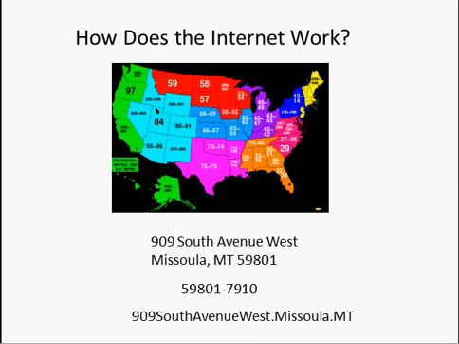Another way to look at this would be if this was an internet address, it might be 909 South Avenue West.missoula.mt. So if we take a look at that and compare that with an internet address out on the web, one we'll examine is www.cs.colorado.edu.